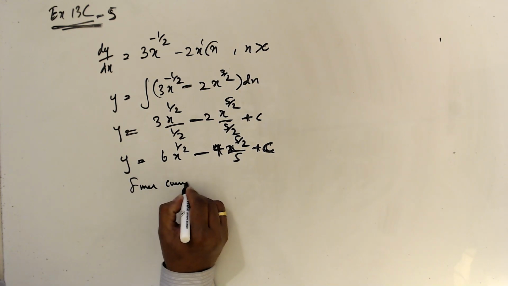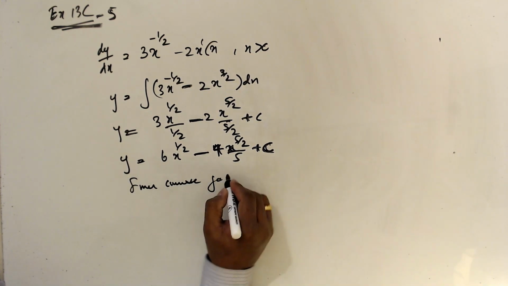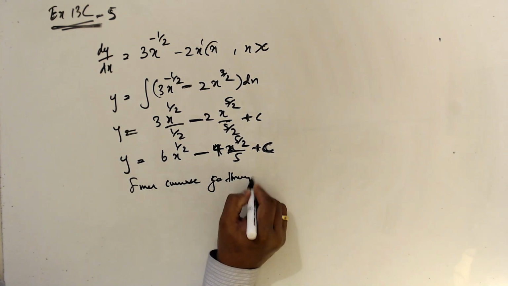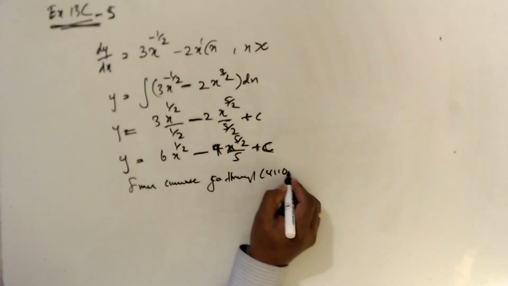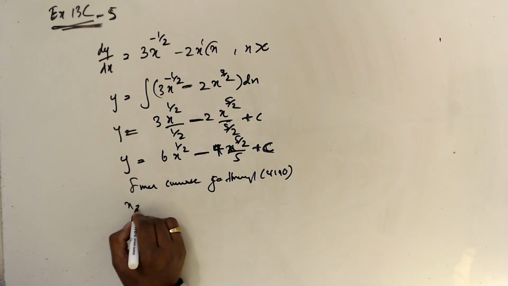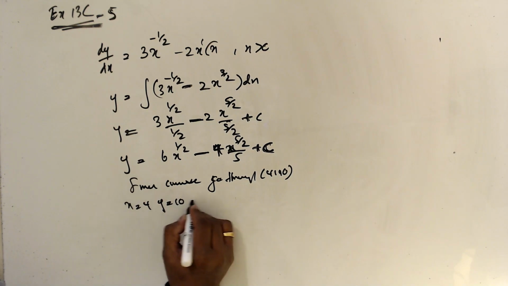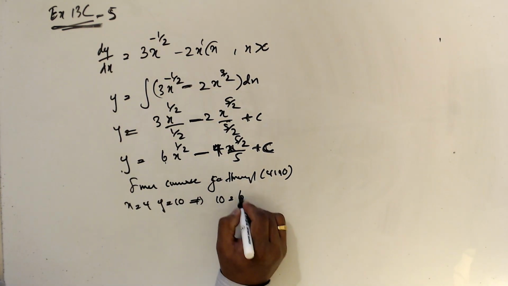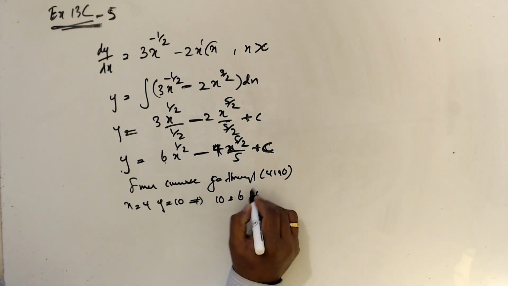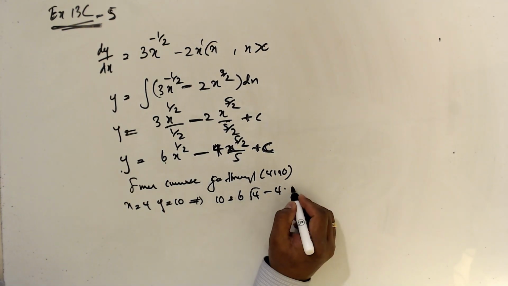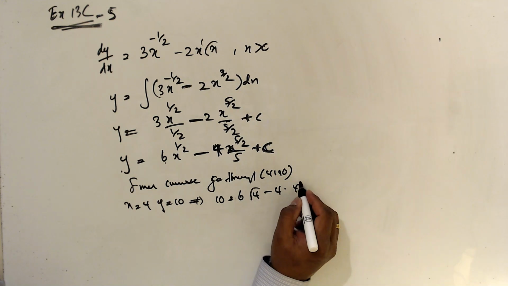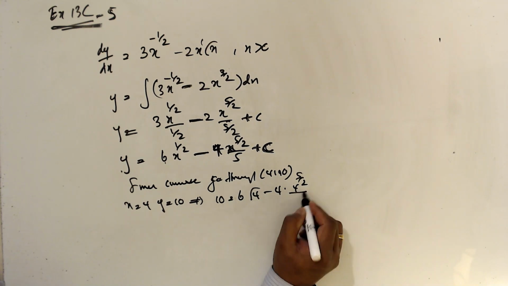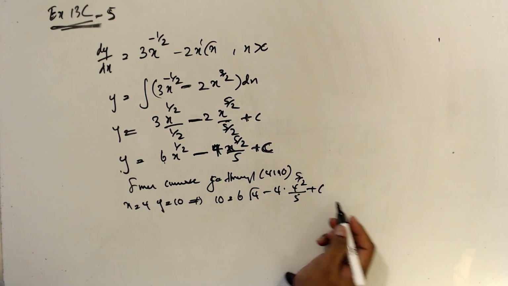Since the curve goes through 4, 10, x equals 4, y equals 10, we will apply. Y value is 10. This is 6 times 4 square root, 4 times 4 to the 5 over 2 over 5 plus c.